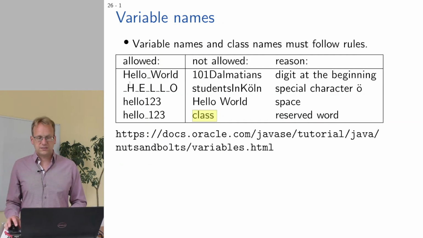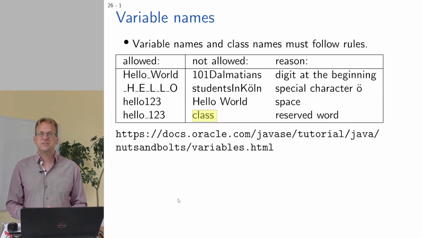This is just a small number of examples. If you would like to have a complete overview, please check the Java documentation. There you can see more about what variable names are allowed and what are not allowed. But maybe you just do this by trial and error, because the compiler will tell you, of course, if you choose a variable name that is not allowed. Then you will get a compile error.